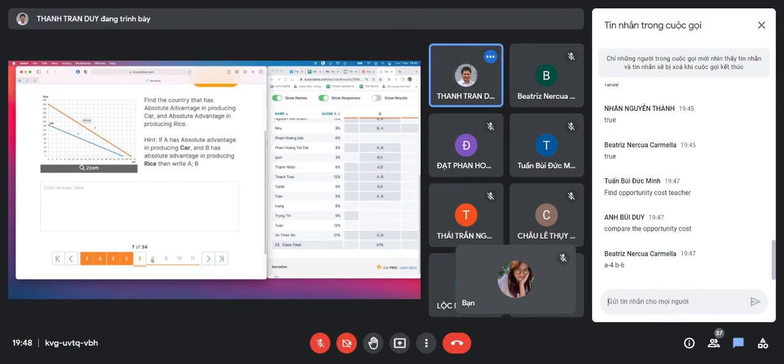Number 7. This question is very easy. Make sure that all of you know how to answer these questions.